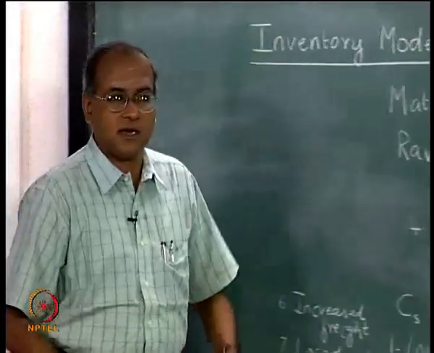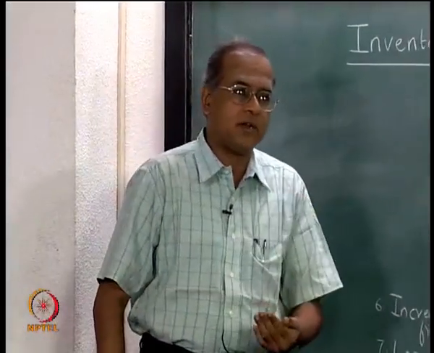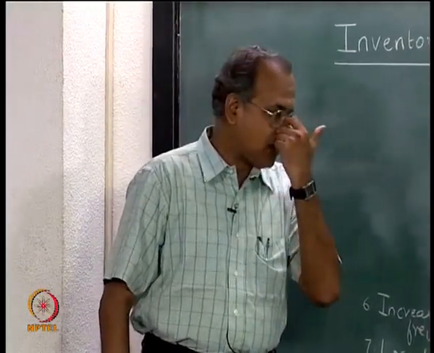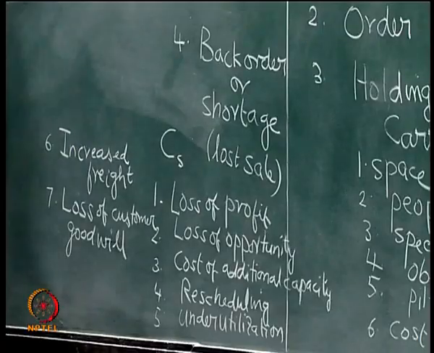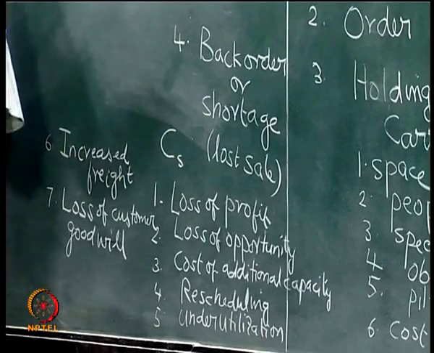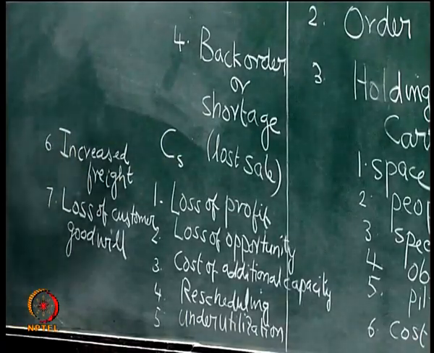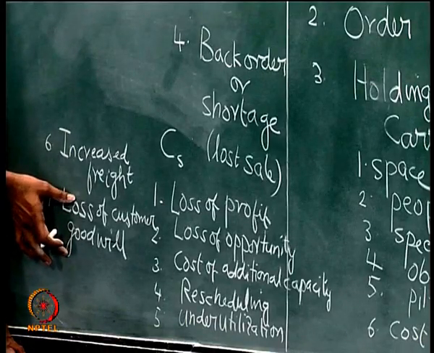So, organizations are very concerned about the loss of goodwill that could happen because of delays and because of material not being available. So, the cost associated with losing customer goodwill is an integral part of CS. The only difficulty there is it is extremely hard to give a numerical value to this.